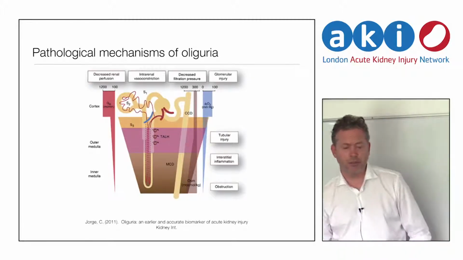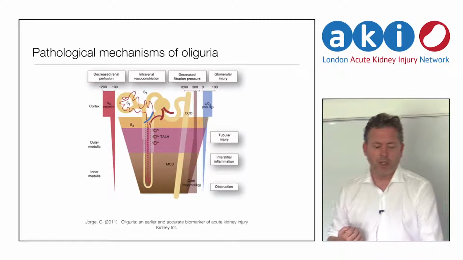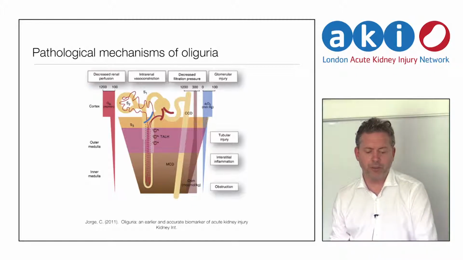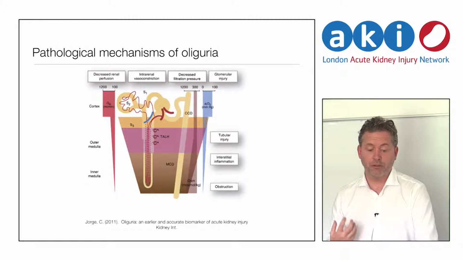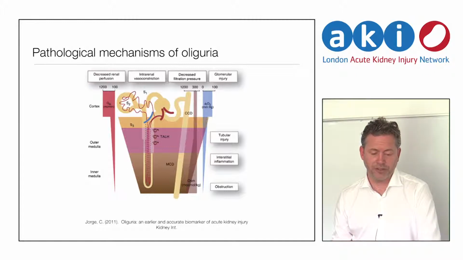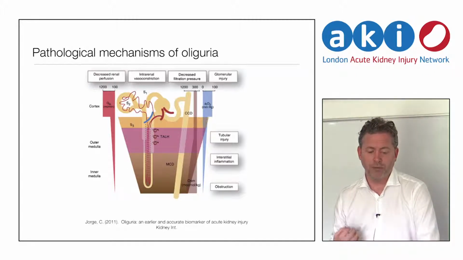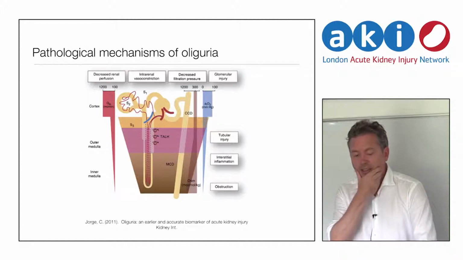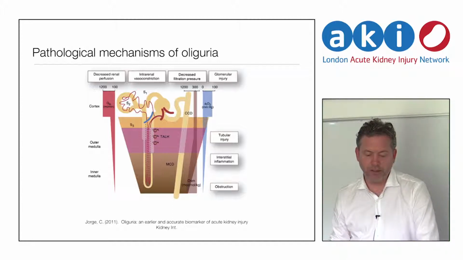What about pathological mechanisms of oliguria? Well, this is sustained decreased renal perfusion. We may see intrarenal vasoconstriction. We can see this in hepatorenal syndrome. We may have decreased filtration pressure. There may be a bona fide glomerular injury, such as we see in glomerulonephritis. We may have a tubular injury due to ischemia, sepsis, or drug toxicity.